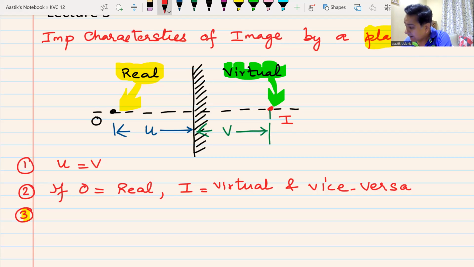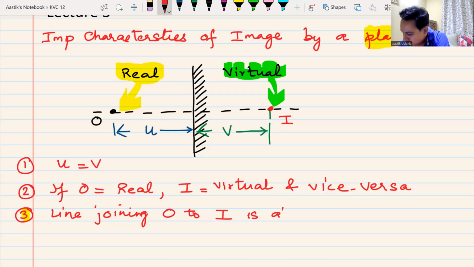Line joining object to image, I'm writing it in short, is always perpendicular to the mirror.